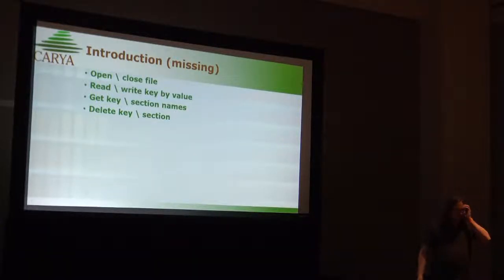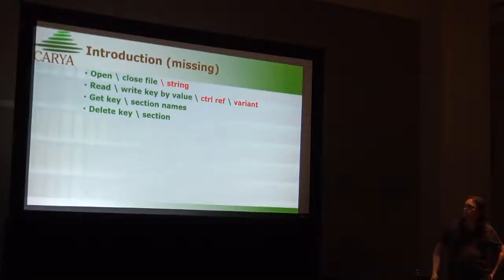So we have the open close and the read write and the get section and key names and the delete section or key. What I really want is a way to open files from a string, so I can just put a constant on my block diagram with the ini file and use that one. I want native support for control references and variants.